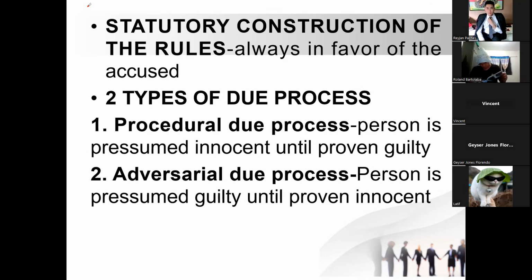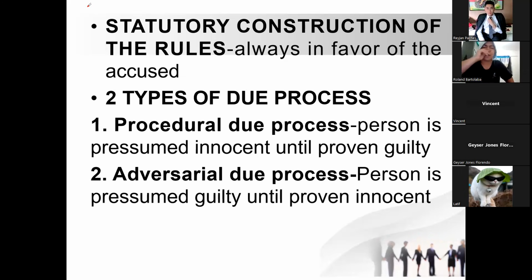Kahit sabihin natin tayo mismo ang nakakita na siya yung gumawa ng krimen, but then again, in the eyes of law, he will be presumed innocent until proven guilty by the court of law. So that's why ang tawag natin dyan is procedural due process. Okay, nakuha ninyo?